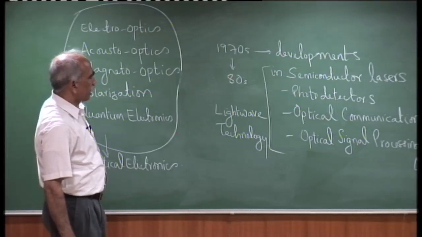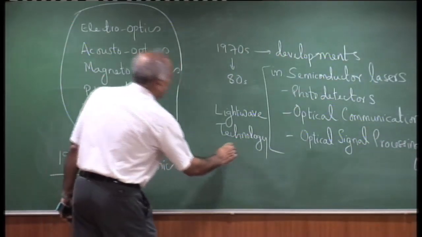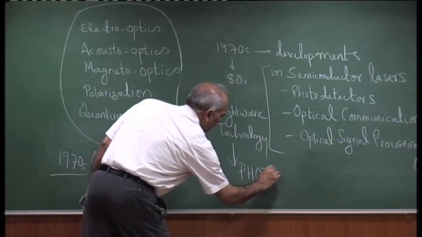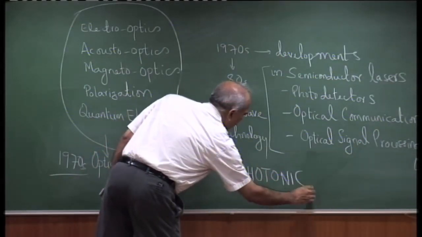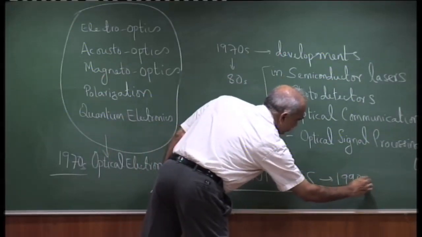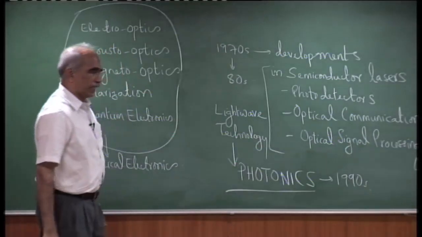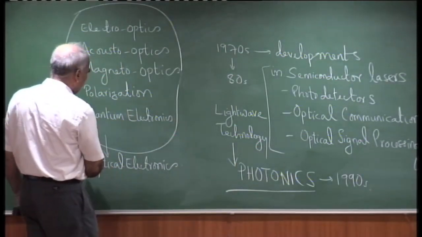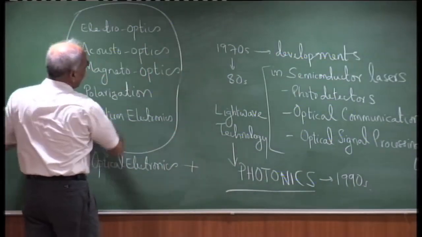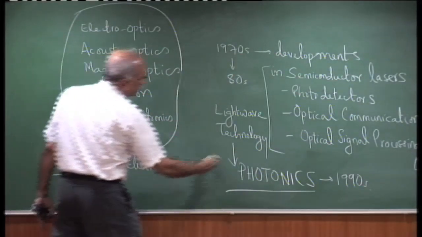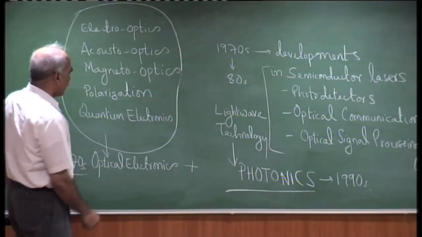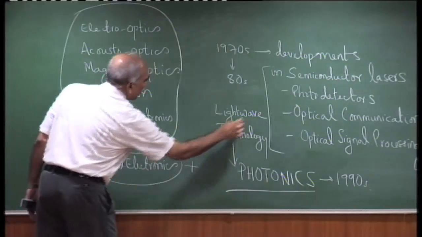Rapid developments in light wave technology led to an entire branch analogous to electronics, which is called photonics. So photonics encompasses the earlier optical electronics and all the modern communication technologies which are included in light wave technology here.